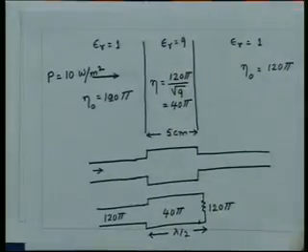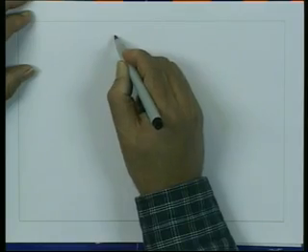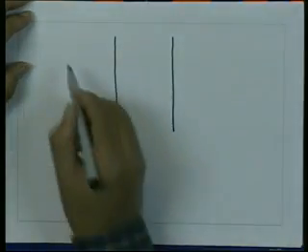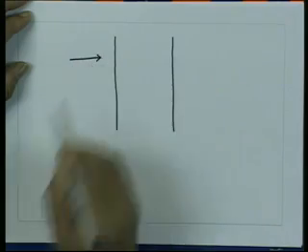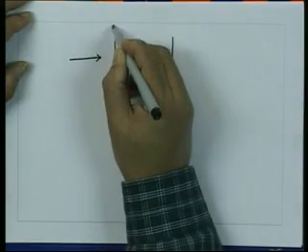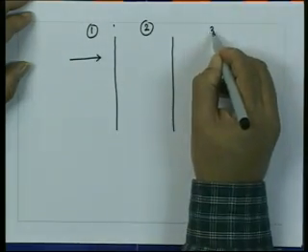The second approach is more like a wave approach. Consider this medium and the wave is incident on this. Let us say this boundary, this medium is 1, this medium is 2, and this medium is 3.